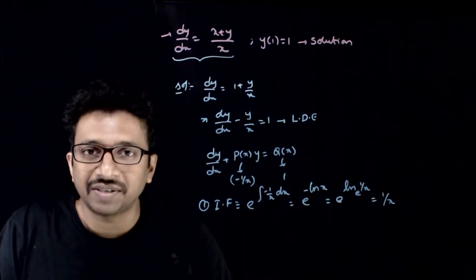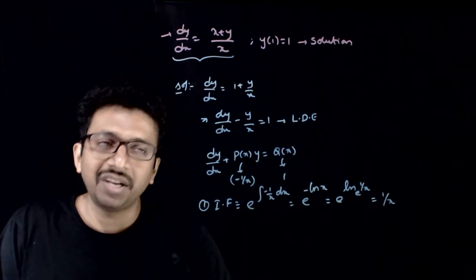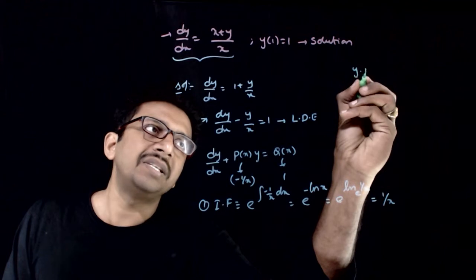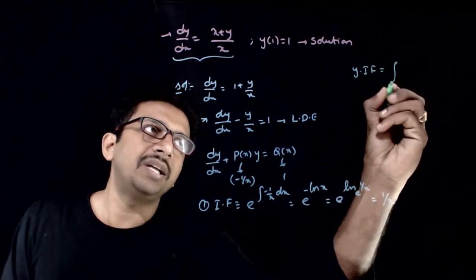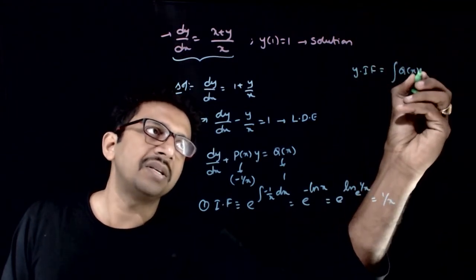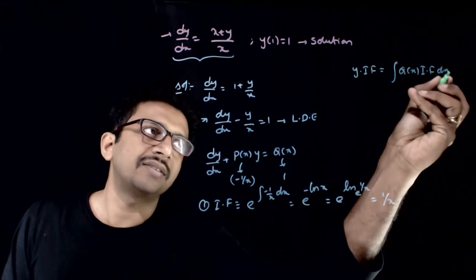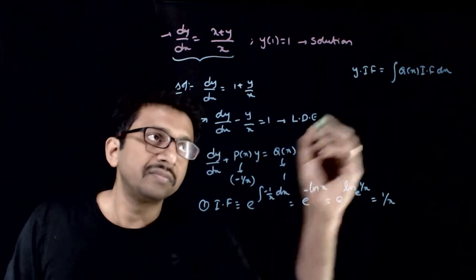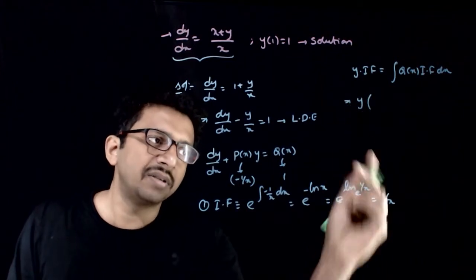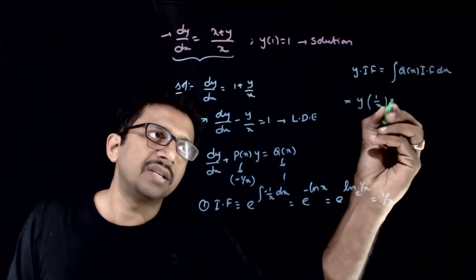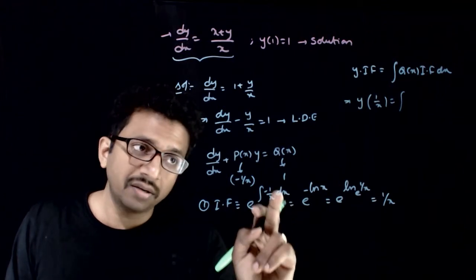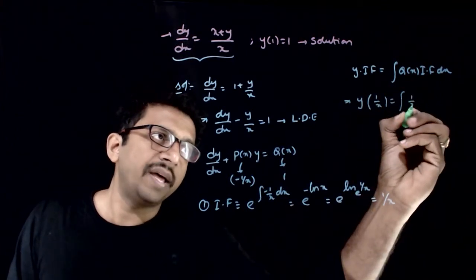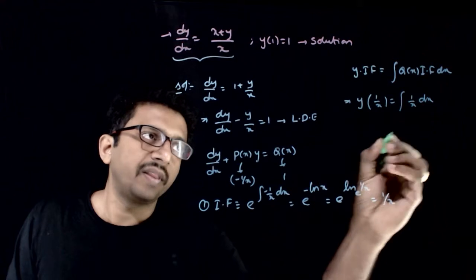Now once you have the integrating factor, what is the solution to this differential equation? y times the integrating factor is equal to the integral of q(x) times the integrating factor dx. That's the solution of a linear differential equation. You need to remember this. This implies y times 1/x is equal to the integral of 1 times 1/x dx.